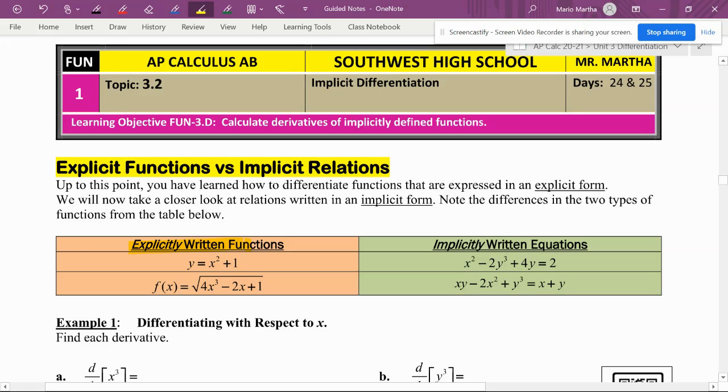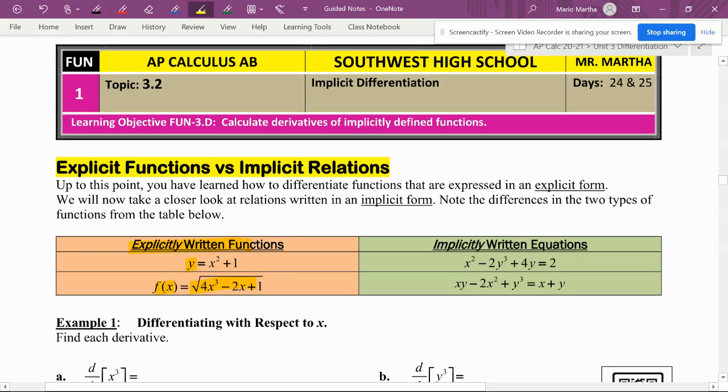So can you describe one of the main differences between the explicit and the implicit forms? All right, so you guessed it pretty much. In the explicit, you have y equals x squared, or f of x equals something with an x, right?